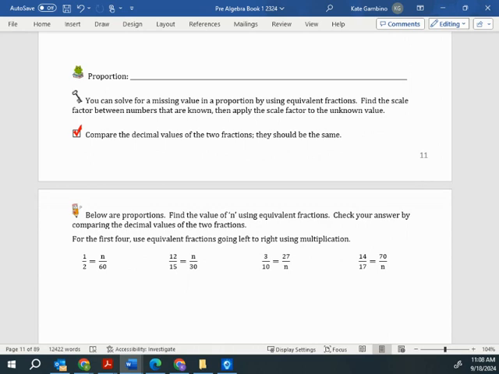So a proportion is 2 equivalent fractions, sorry, 2 equivalent values. My bad. I was thinking about all those fractions we were just working on. 2 equivalent values form a proportion.